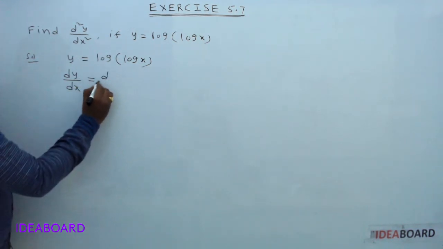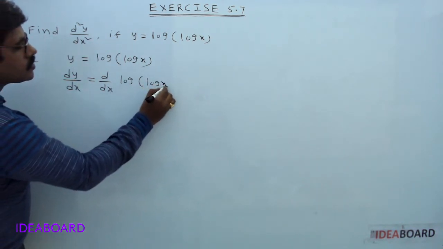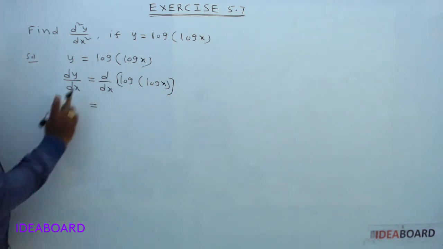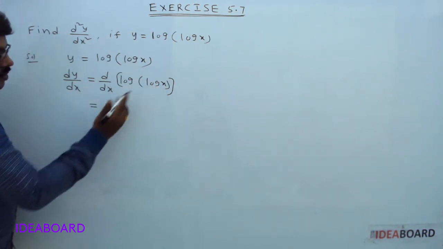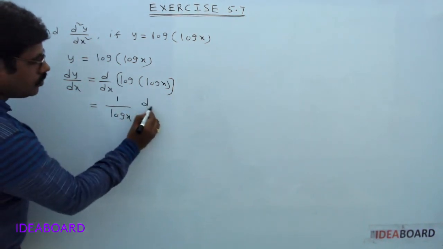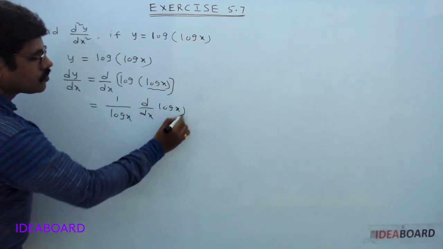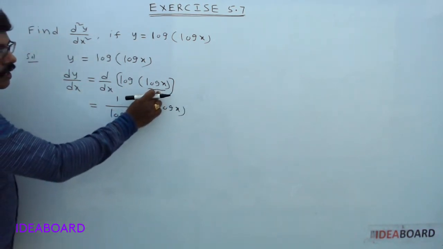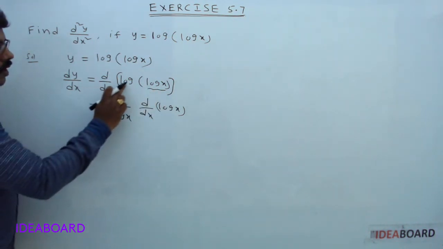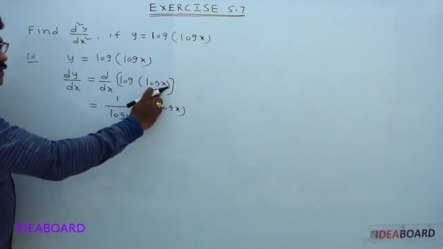This equals d by dx of log of log x. Now this equals the derivative of log of log x. So what is this value? 1 upon log x into the derivative of this log x. If you consider log x as x, it is the d by dx of log x form. The derivative of log x is 1 by x. Instead of x, log x will be given.